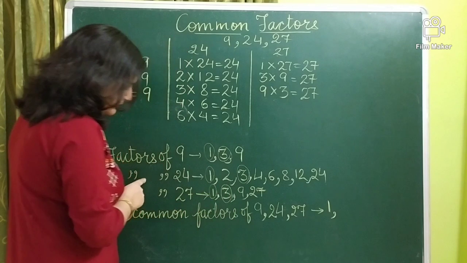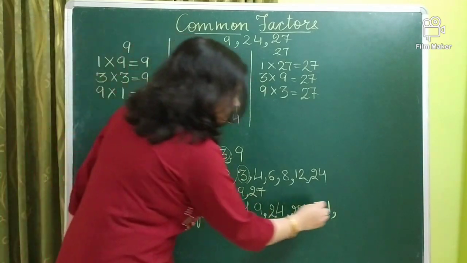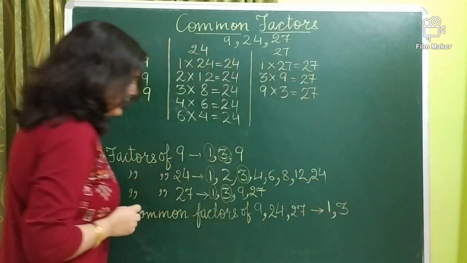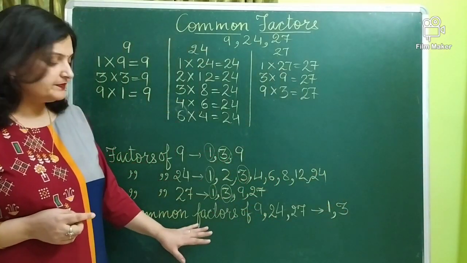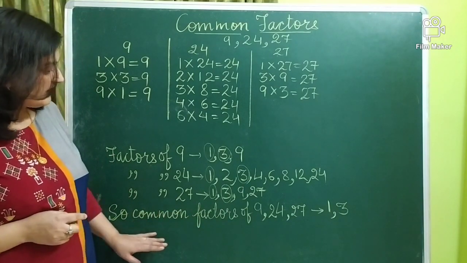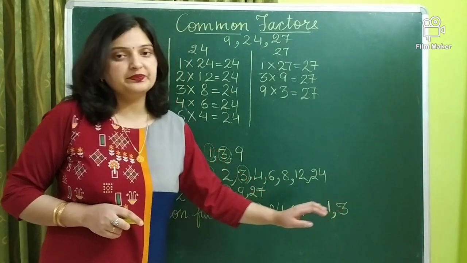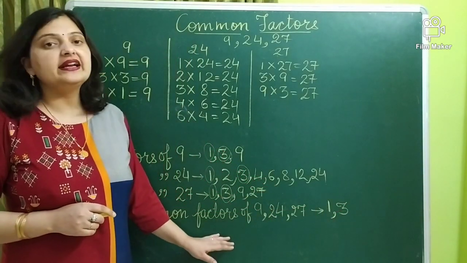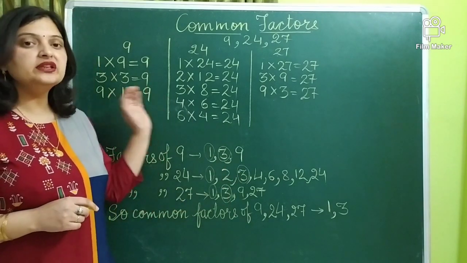The common number will be that number which is present in all the numbers. Except these two numbers, no other factor is common. So we can say that the common factors of these three numbers are 1 and 3. In this way, we can find the common factors of any numbers by doing these steps.